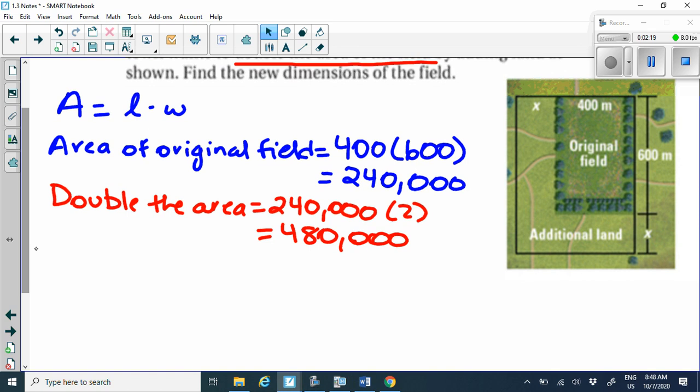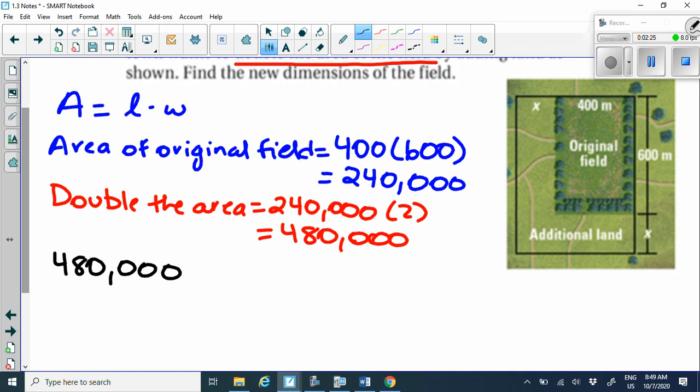So we know that the area is 480,000. Okay? So that is basically this entire new field, so the original plus the additional land. Now we need to do length times width, okay? So let's just say the length is going to be the 600 and the width is going to be 400.